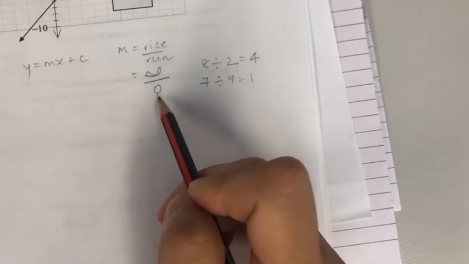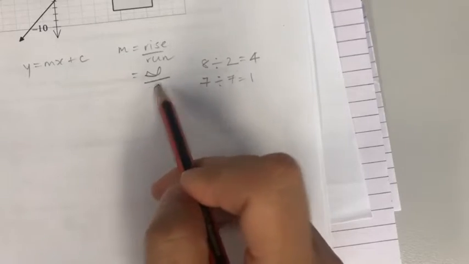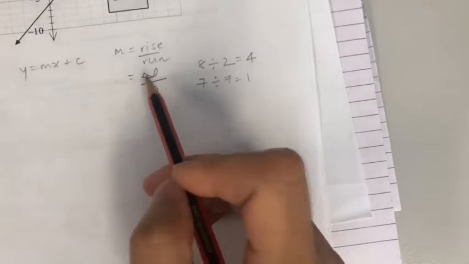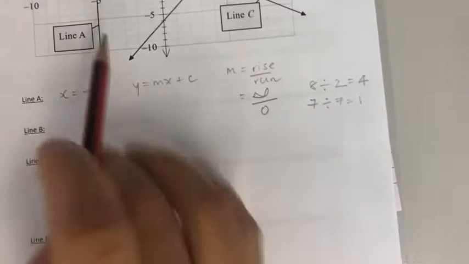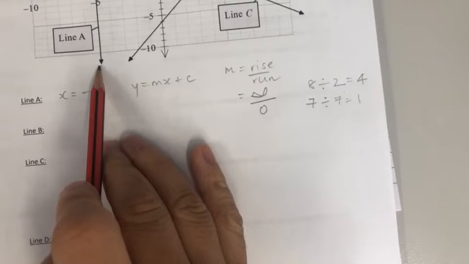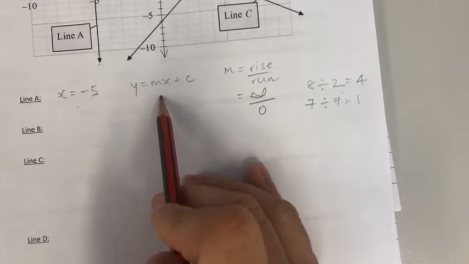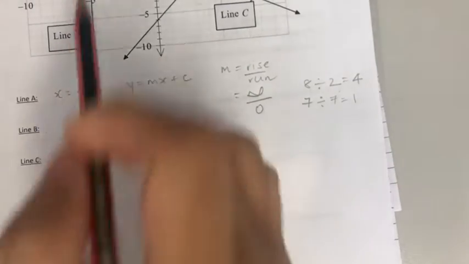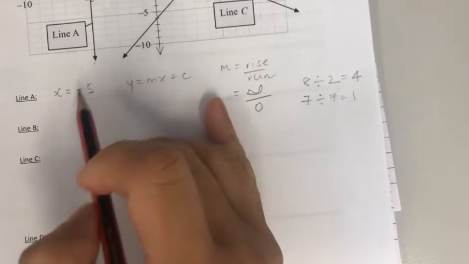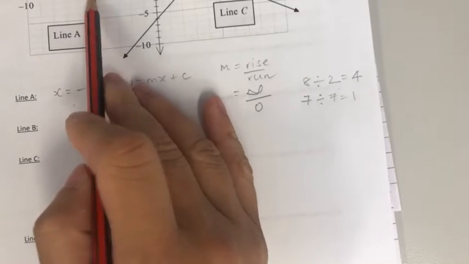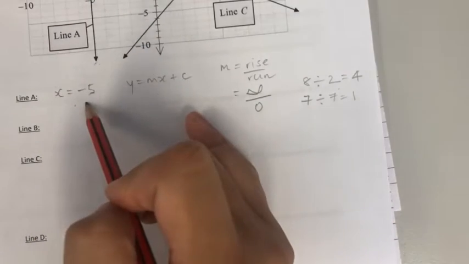But with this, you can subtract 0 forever and nothing will change. So this is an impossible gradient, which is why vertical lines are written completely different to every other line equation you've ever written. So this one is just writing the value where it cuts the x-axis, which is -5.